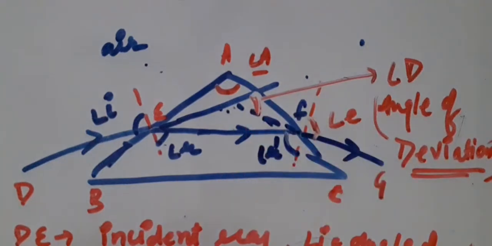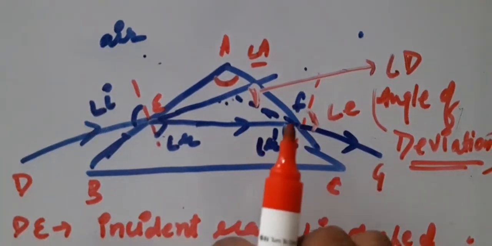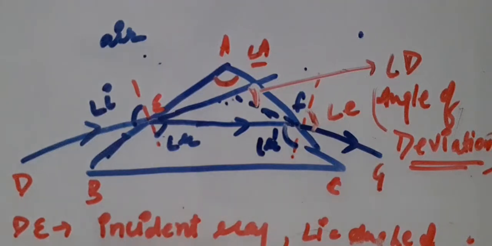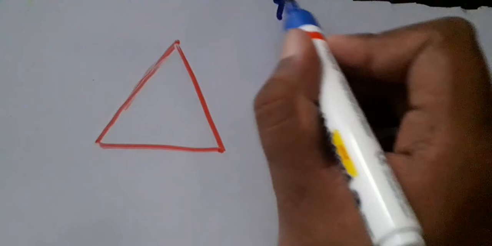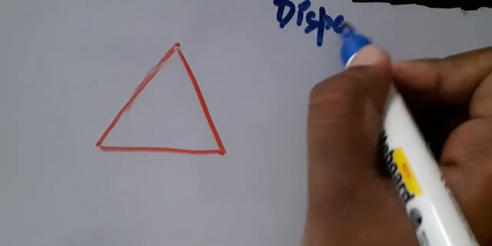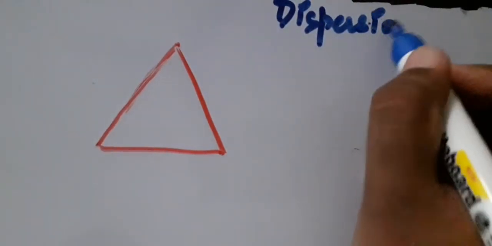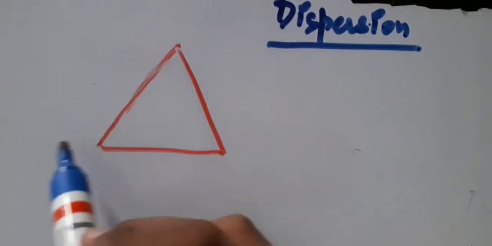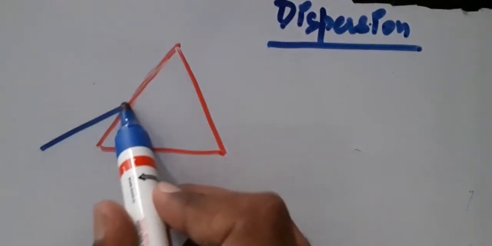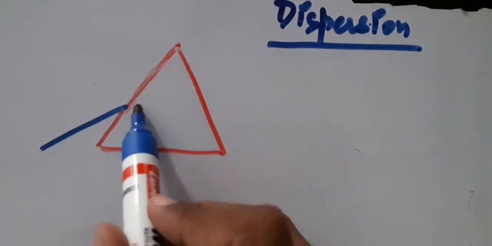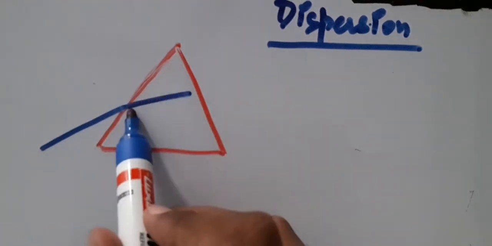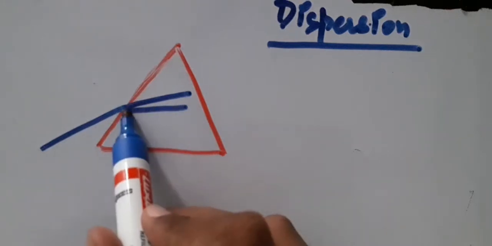Now we are going to study one very important thing, that is dispersion. As we are studying the prism, what is dispersion? When white light, meaning sunlight, strikes a prism, it refracts and is scattered into different colors.